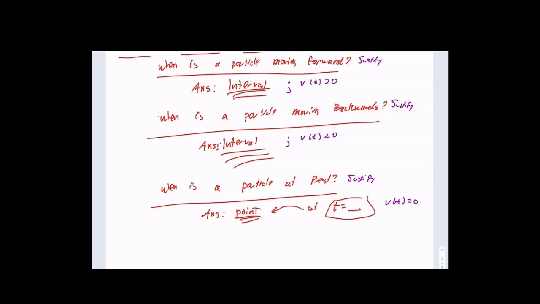Everything we're doing today is focused on the velocity function. Velocity, velocity, velocity. If you don't have velocity, you're given position, so take the derivative to find velocity. If I'm given the velocity, I don't have to find it because they've given it to me. And now I need to do that work.